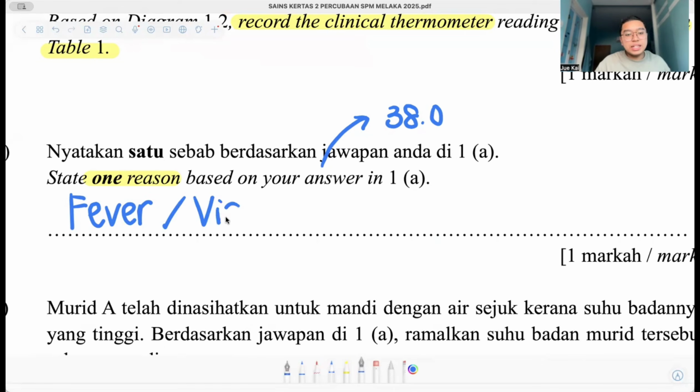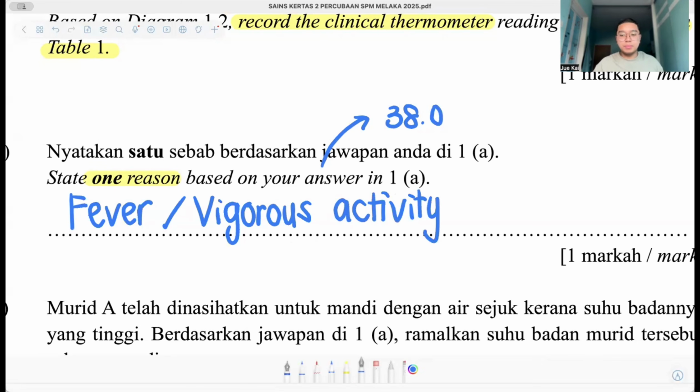Maybe he's doing vigorous activity. Do you have any other answer? You can tell me. I want to see your answer. One more reason, then I proceed.